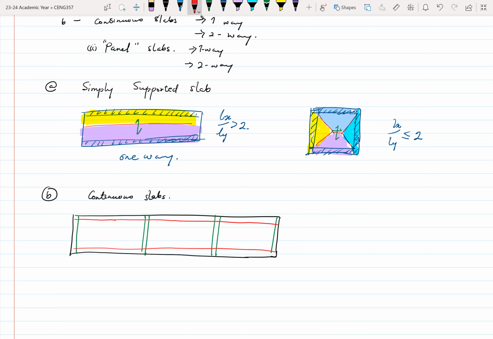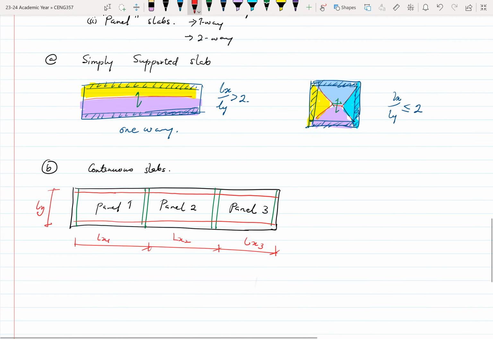So if you look at it, we call each section a panel. So this is panel one. This is, or each area, sorry, panel two. So the area in between a set of beams are called panels. So this is panel one, panel two, panel three. So for each panel, you check their, let's say LX1, LX2, LX3. Let's assume that the length LY is the same for all of them.